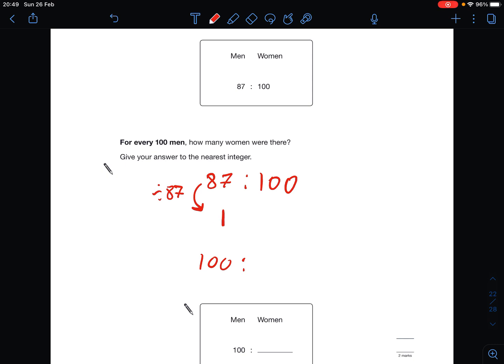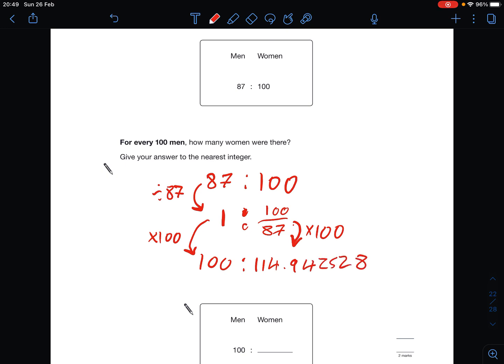So that turns into 1. And 100 divided by 87, I'm just going to write as 100 divided by 87. Why not? And then to turn this into 100, I times it by 100, so I'm going to times this by 100. Now I can just type all of this into my calculator. 100 over 87, all times by 100, gets me 114.9425287.